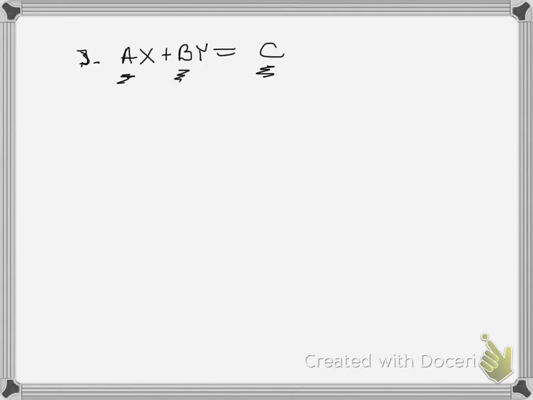So let's look at the problem here. It says example 1 on page 83, I've actually done the first part for you. It gives you y minus 5 equals minus 3 halves times x plus 1. I recognize that as my point slope form of the equation.